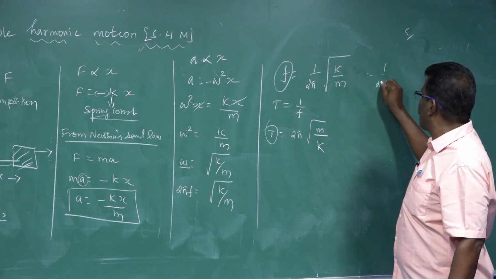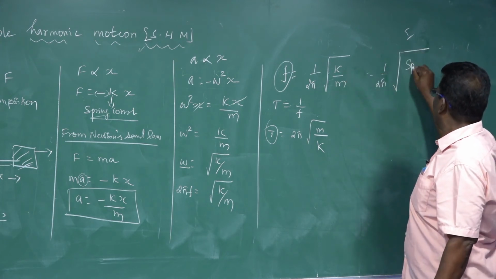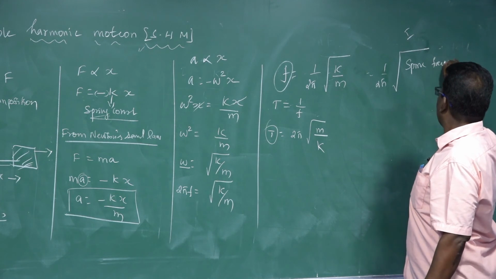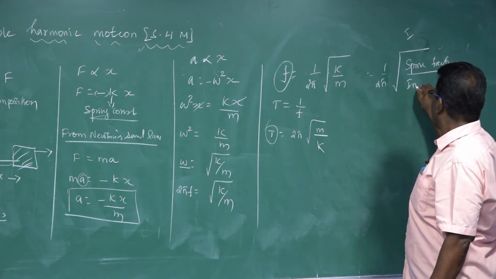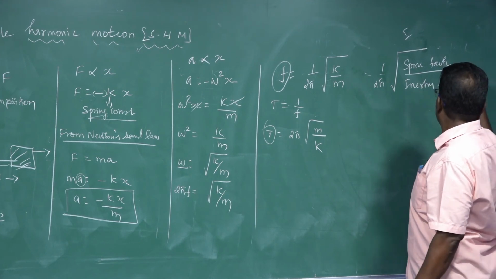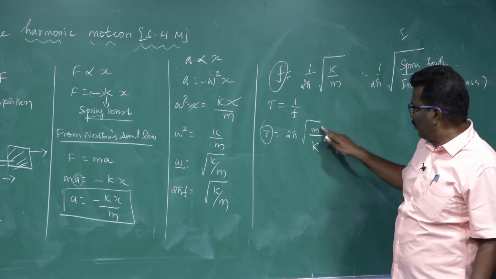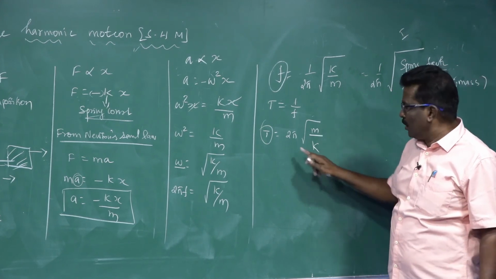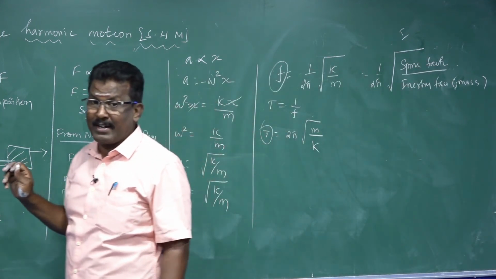So 1 by 2 pi, K represents the spring factor, M the mass factor. So both the time period and the frequency obey the mass factor and the spring factor.